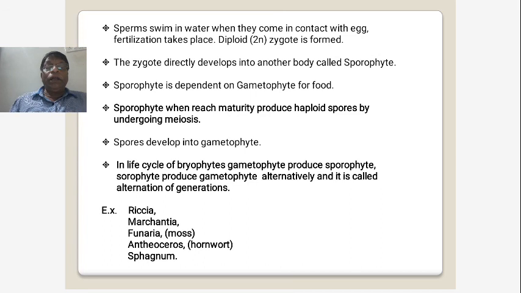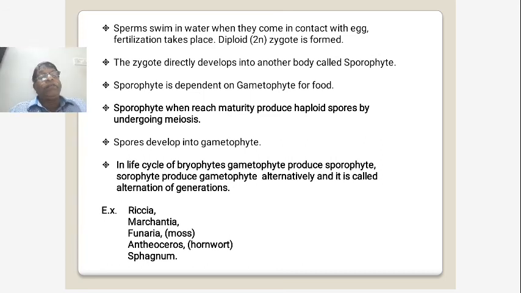Because the capsule is like a horn. Horn means ettina kombu. Then another plant body, sphagnum. Okay. So remember the characteristic features, it is for 5 marks. Examples for 1 mark.